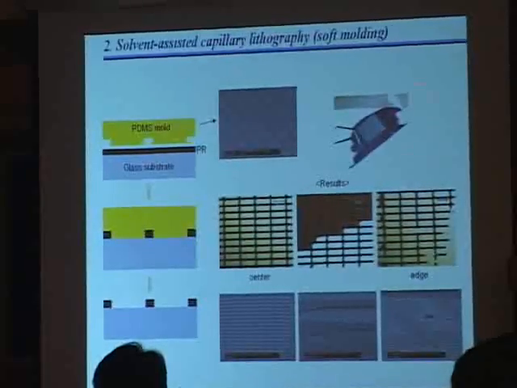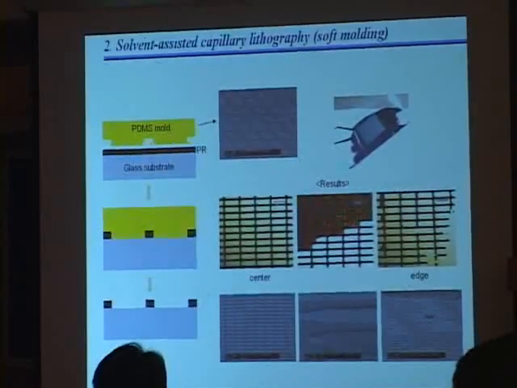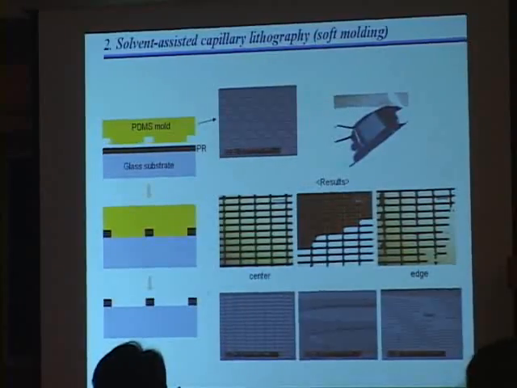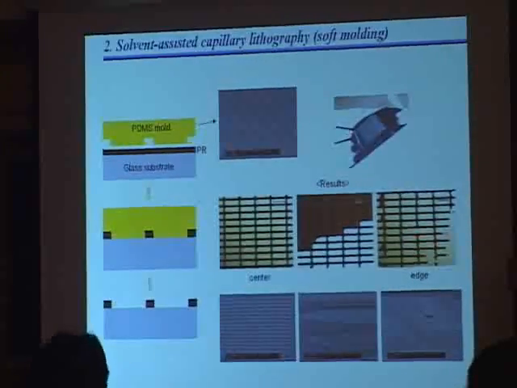Apparently, the pattern result was very nice, but for some regions, we observed mixed morphologies. This region is okay, but in some regions, the polymer did not fill up the void spaces. Also, in some regions, the capillary bridge was not complete.